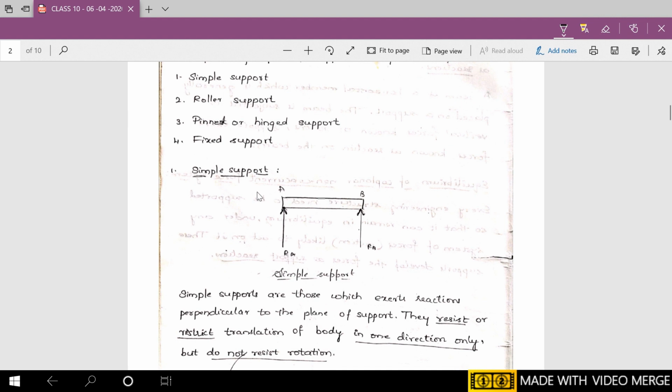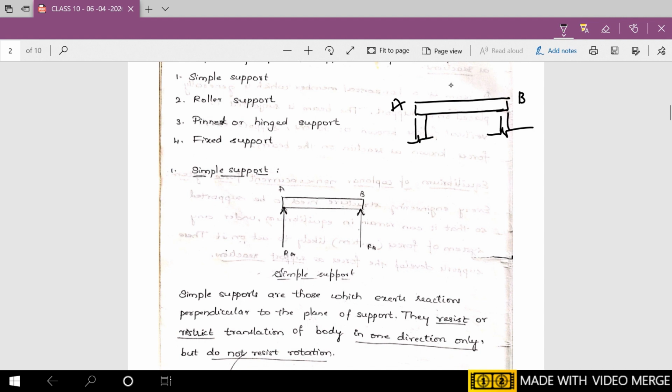type of support, that is simple support. Simple support is when the beam is simply supported onto a column or a wall. Let us consider the beam AB, simply supported onto the column like this.